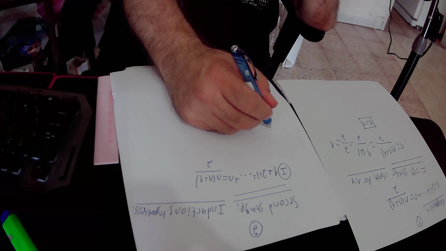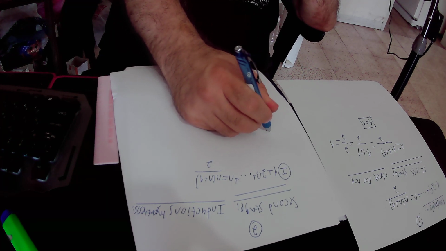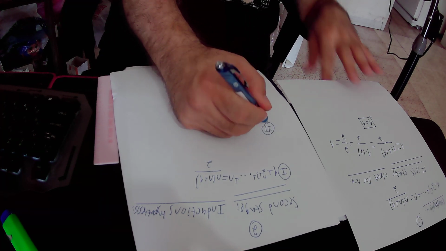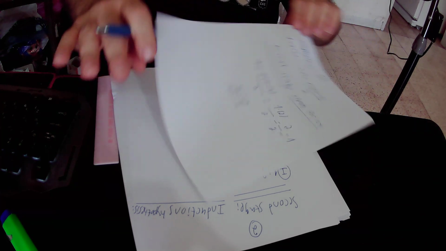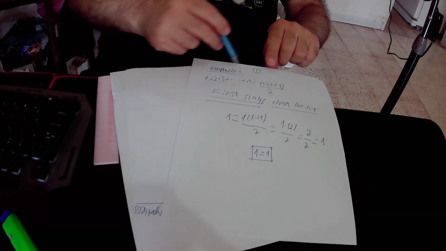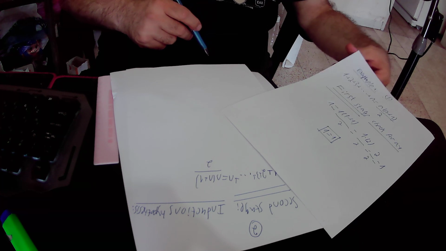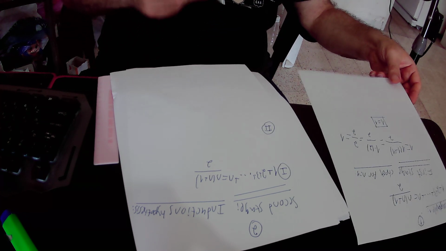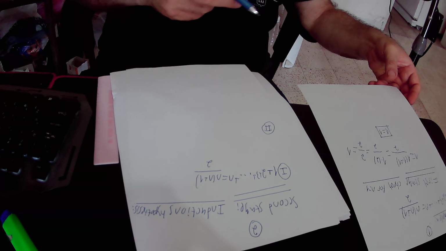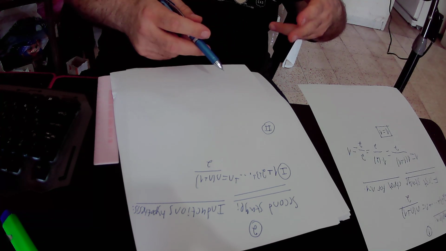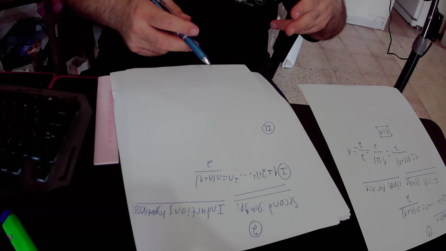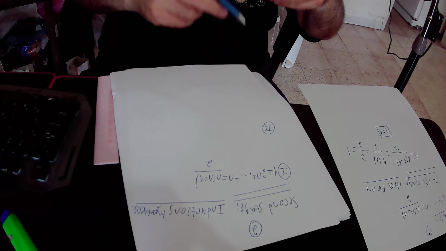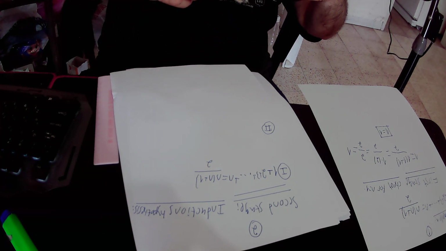So now we will create the expression of the original statement for n plus 1. And then we will prove that this statement for n plus 1 is true, as we rely on our assumption that the statement for n is true.